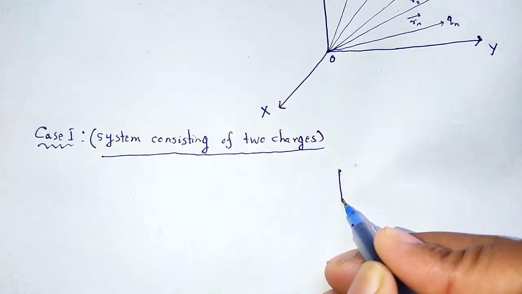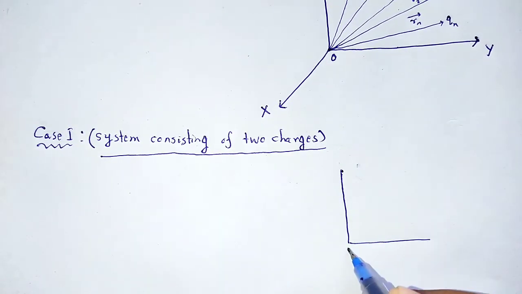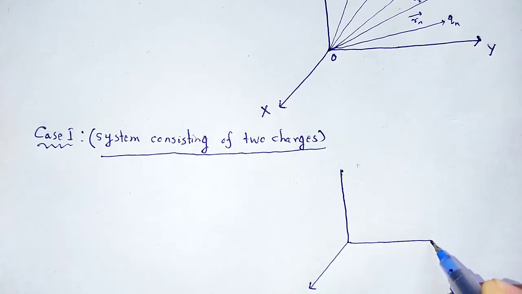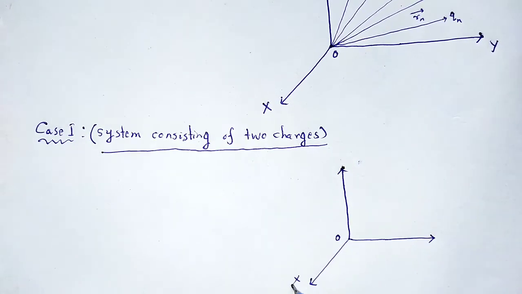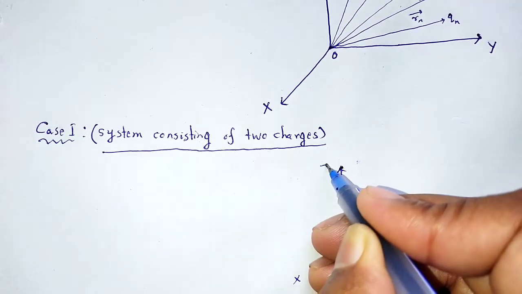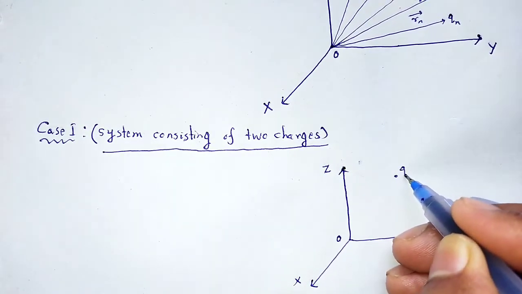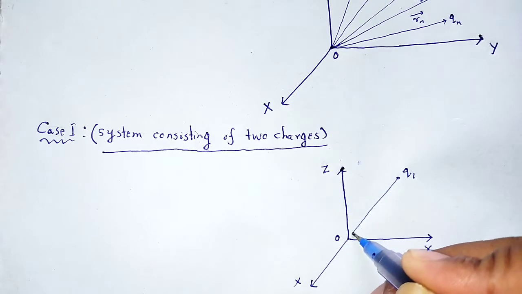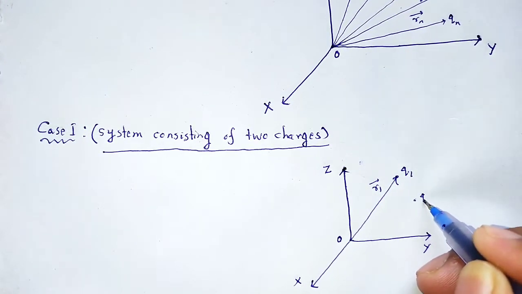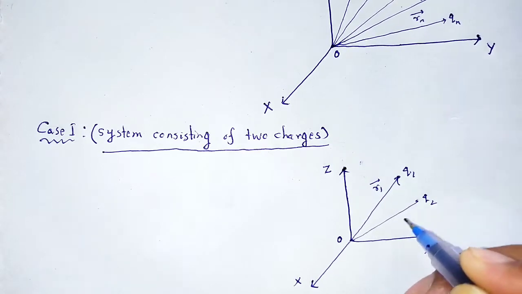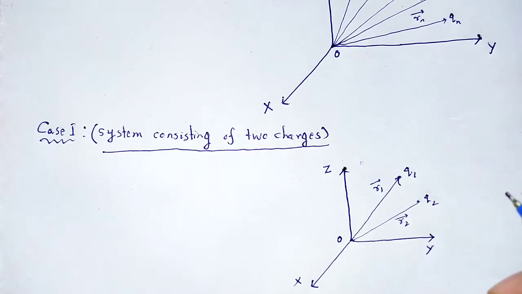Let me take the coordinate axes x, y, z, with the charge q1 at the position vector r1 and q2 at the position vector r2.